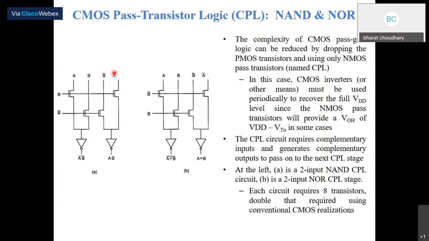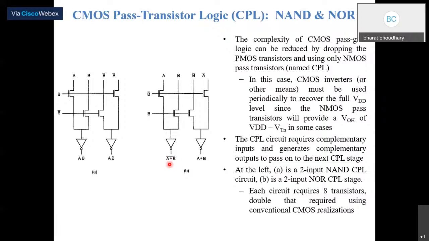Similarly, if A bar and B bar are the inputs to the inverter, and we get an inverted output, that is the complement of A bar into B bar, that is A into B. Similarly, we will be able to get A into B bar plus B into B. B into B is just B, so A into B bar plus B, and this will give the complement. We can verify that by using De Morgan's theorem.